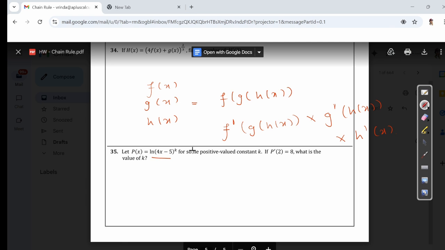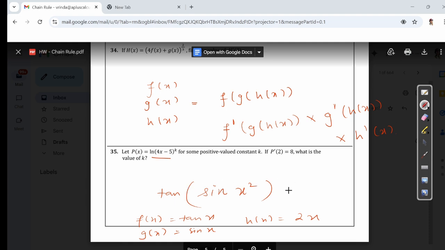So basically I keep finding the derivative until there's nothing left inside. Yes. For example, if you have, let's say, tan of sine of 2x, here your f(x) is tan x, g(x) is sin x, and h(x) is 2x. So composition is happening three times: f of g of h.